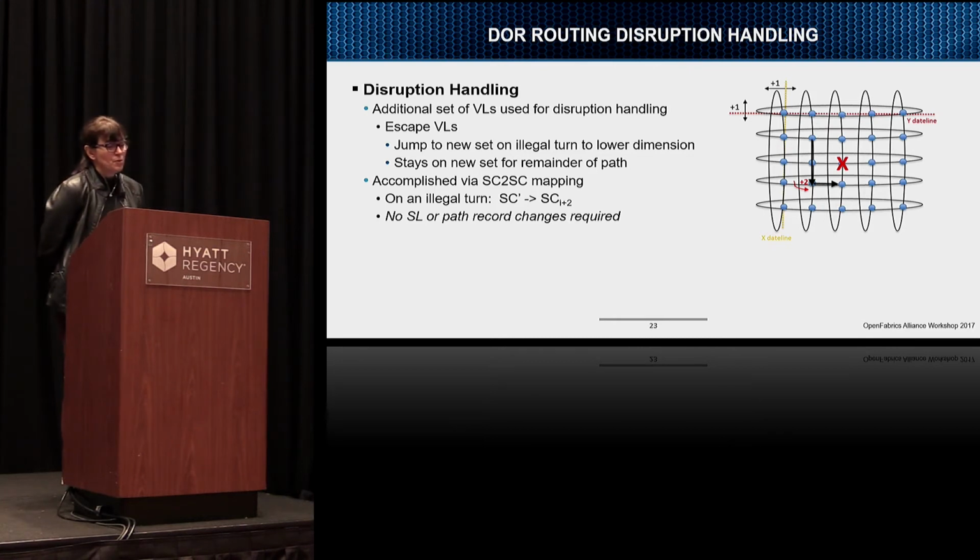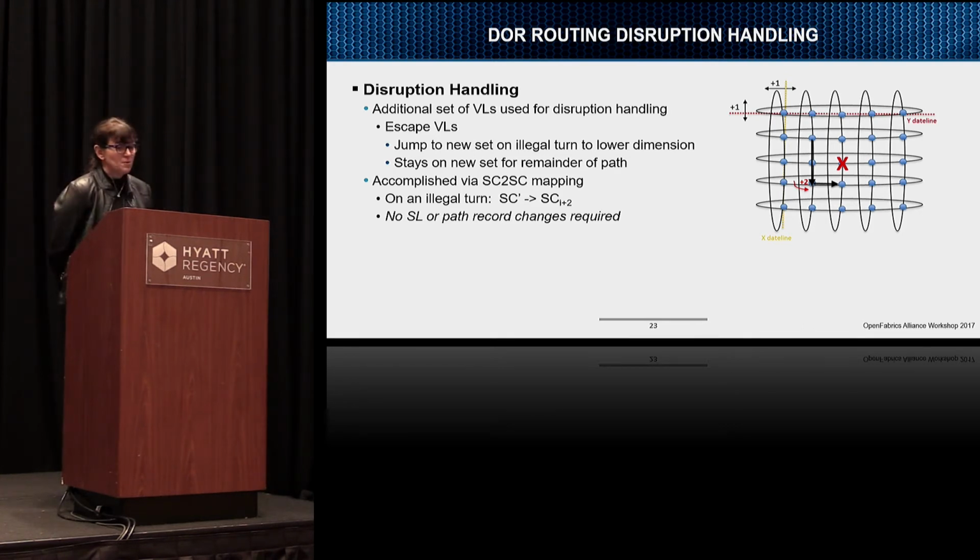In this case, you would jump to the new set of VLs on an illegal turn, and you would use that set of new VLs for the remainder of the path. This is a simple case where you just have one turn, but you could have a 3D or 4D or 5D torus here, and you could use that during the path.